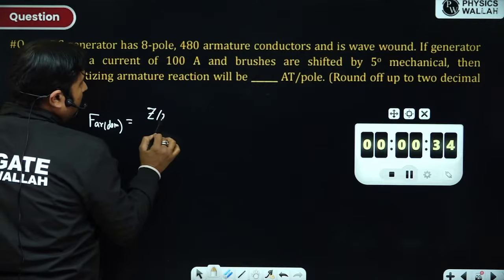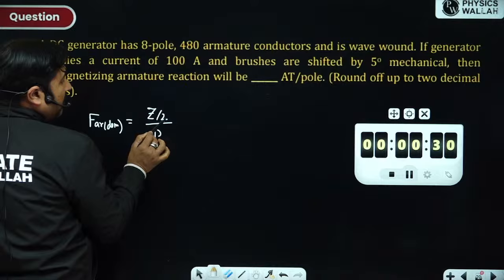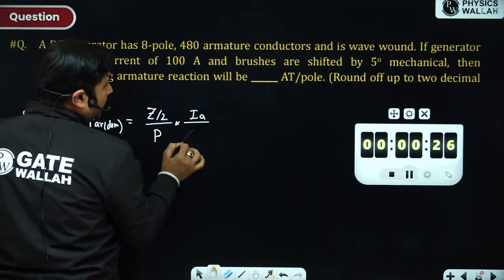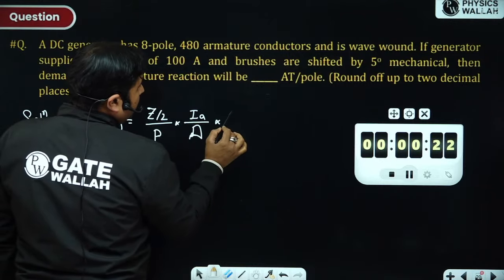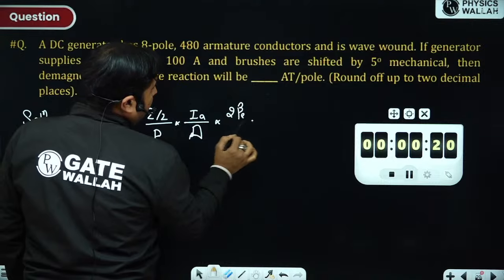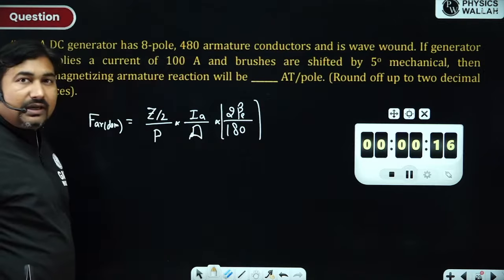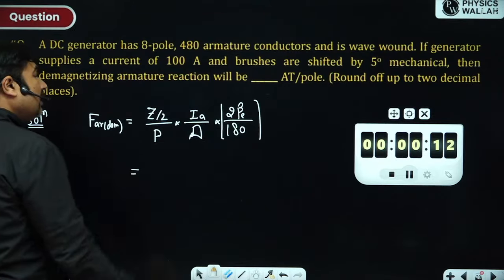Z by 2 by P. It means total number of conductors by 2 turns, by P, turns per pole, into IA by A, that is coil current. Is it okay? Into 2 beta electrical by 180, where beta electrical is the brush shift given. Because of the brush shifting, there would be a demagnetizing effect introduced in the DC machine.